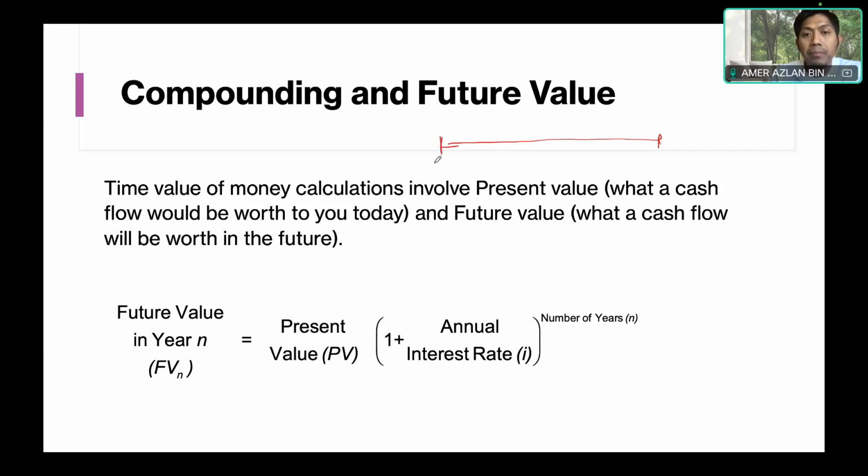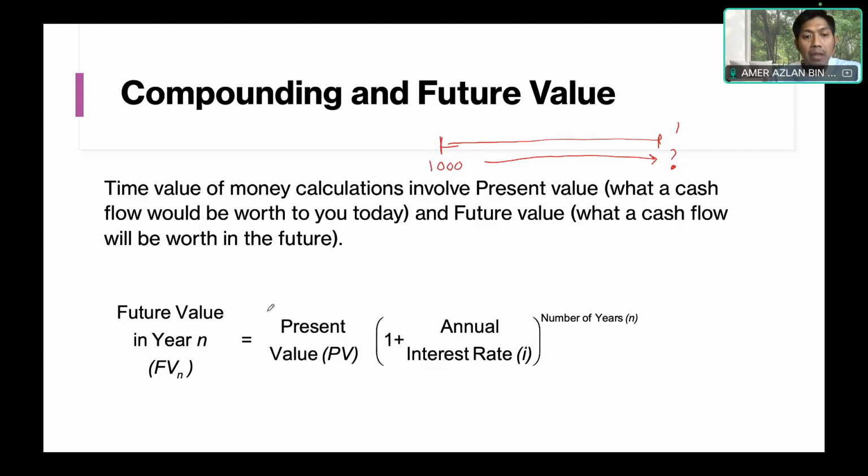For example, if we have $1,000 and you leave it in any account that gives you a return, what value of this 1,000 will it be in the future? This is what we want to find out, right?